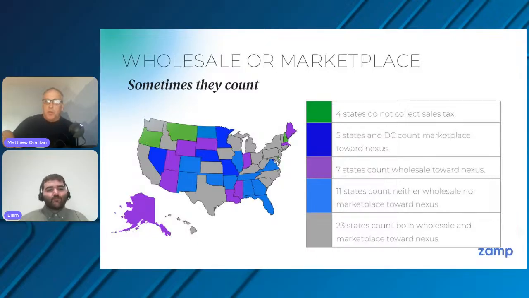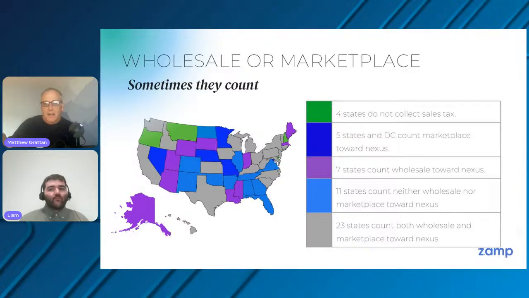But if you're only doing marketplace, Amazon will take care of all the sales tax, right? They handle all the sales tax as part of the marketplace facilitator laws in the US. And so we have some companies that just say, hey, I only sell on marketplaces through Amazon. So I could register where I've triggered a physical nexus with inventory, but I'm just going to be filing $0 returns. So does it make sense for my business?